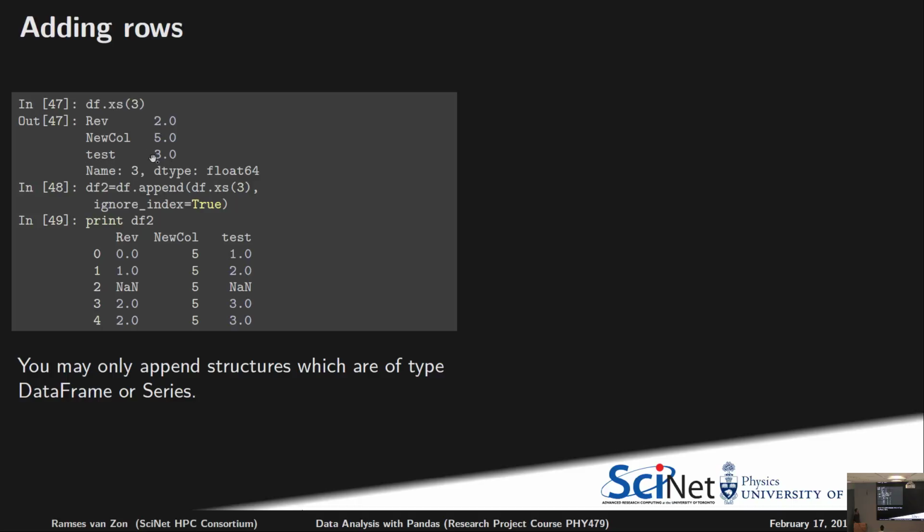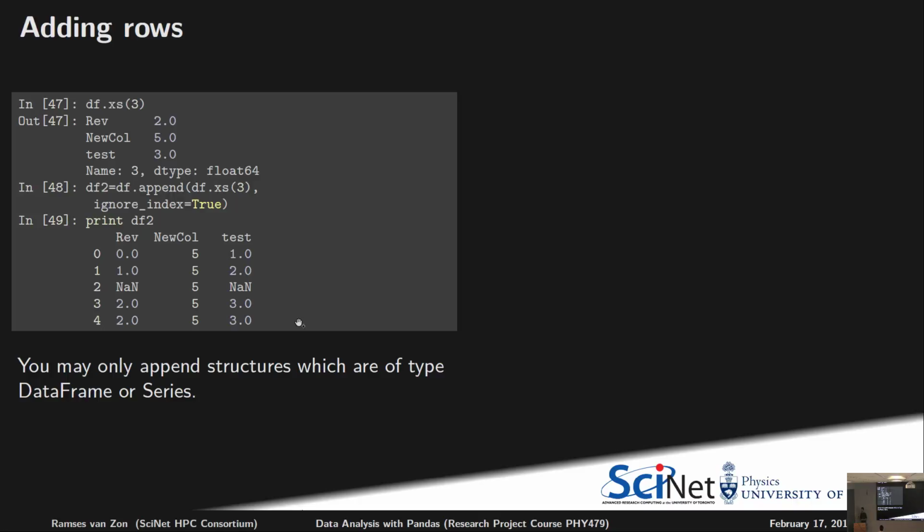The third element, the test, will give you what name it was. The name of this third row was 3. I haven't labeled it explicitly. Its label becomes its number. Then I can append, say, one of these things. So I append the same row again. So access is the third row, and I'm appending it. Here it is. So I had it before, and I append it again.